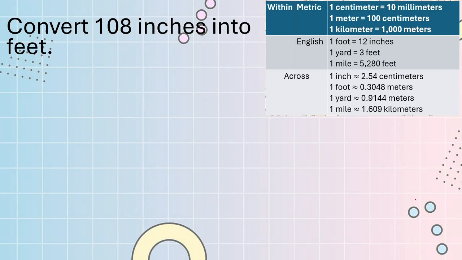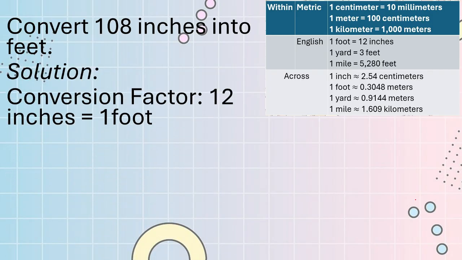Next, let's convert 108 inches into feet. Okay, conversion factor, we have 12 inches is equal to 1 foot. Okay. So, dito natin makikita yan. Ayan. 1 foot is equal to 12 inches.